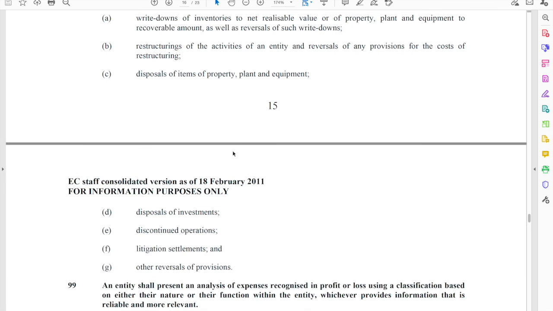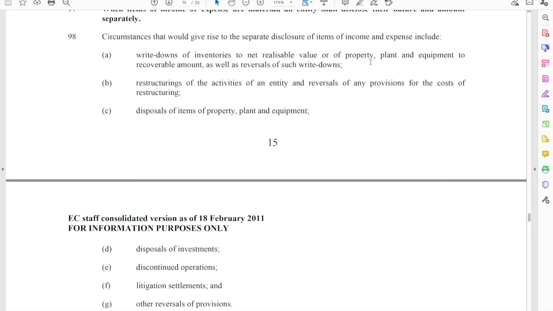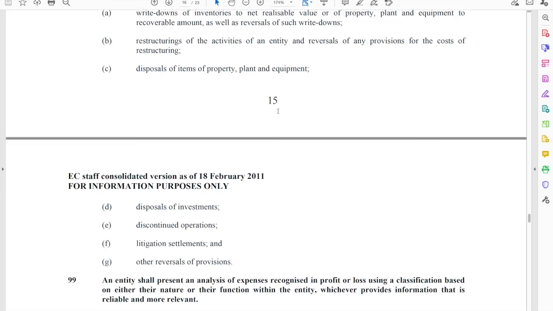Meaning, itong letter A to letter G, these are items of income and expenses. Okay? So, letter A, write down inventory. Letter B, restructuring of the activities of an entity and reversals of any provisions of the cost of restructuring. Medyo complex yan for you. But, for the letter C, it's disposals of items of property, plant, and equipment kapag nagbebenta tayo ng PPE natin. Letter D, pag nagdi-dispose ng investment.